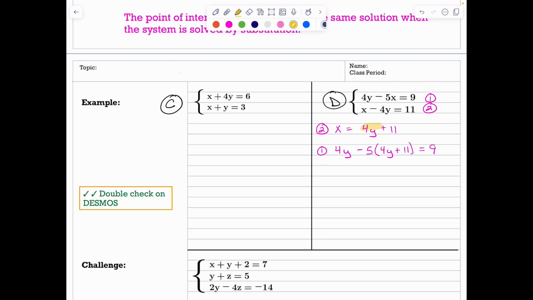So I just took this and put it here. Substitute. Okay, now I have one equation with one variable in it, which was the goal. And I distribute.